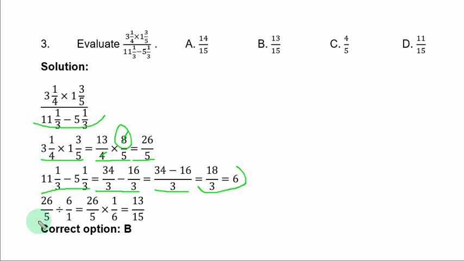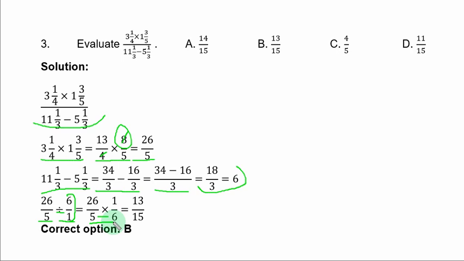Now we divide the numerator by denominator in this form. In division of fractions, the division sign changes to multiplication and you invert the fraction at the right side. So you have 26 over 5 times 1 over 6.